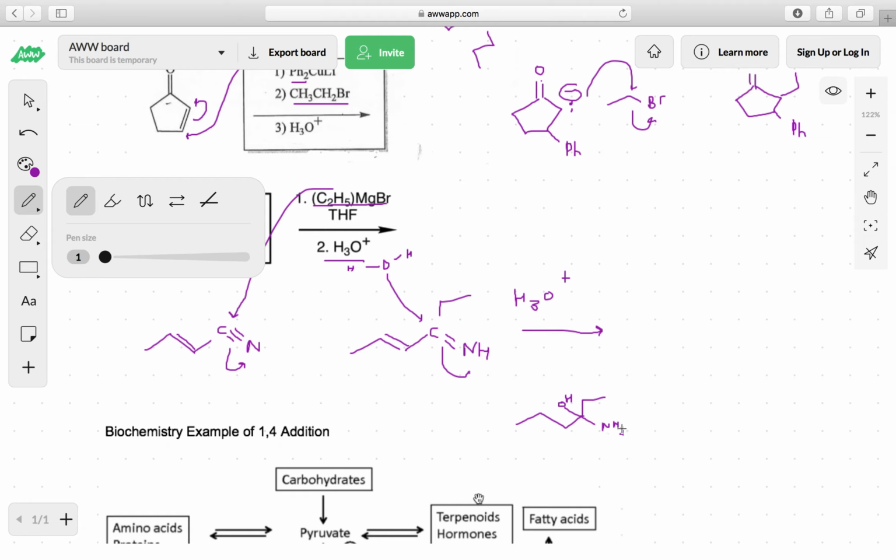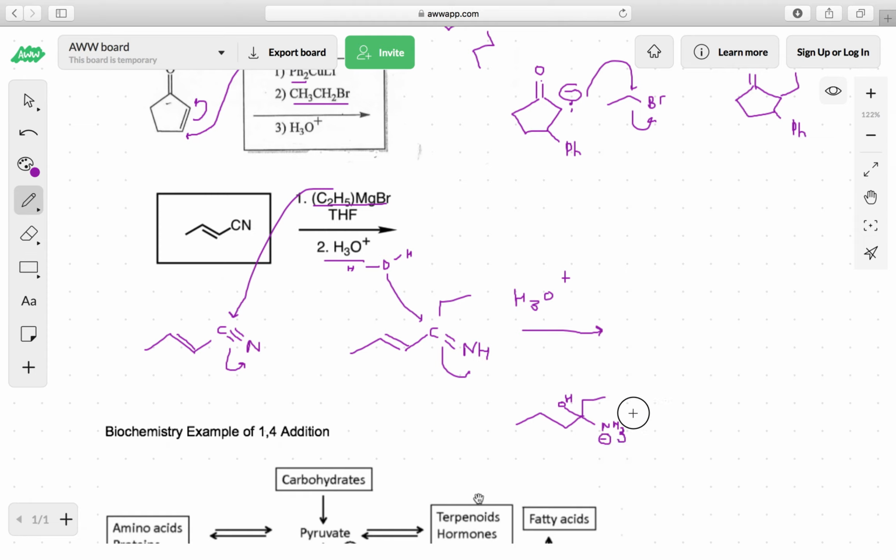So this should be an NH3 plus now. And now our lone pairs on the oxygen will come down and kick off this. And this is just the mechanism to show you guys that your final product should be this. It should convert your cyanide to a ketone. So remember, this acts as an enone, and your Grignard is going to attack 1, 2, and then afterwards your acid is going to hydrolyze your cyanide back into a ketone.